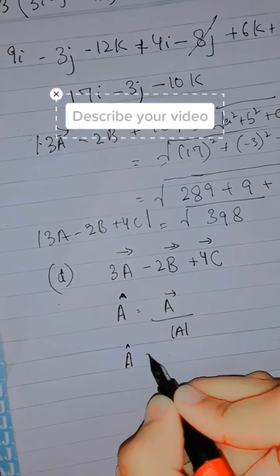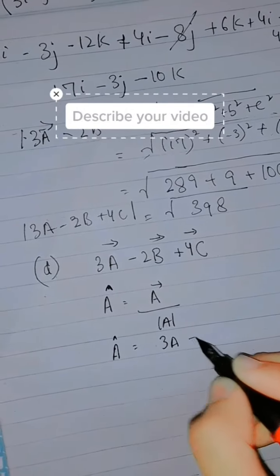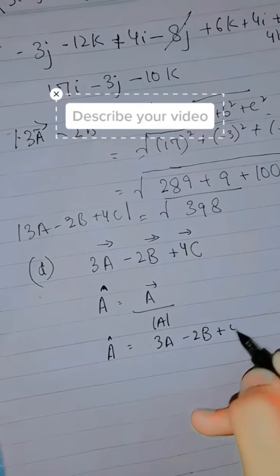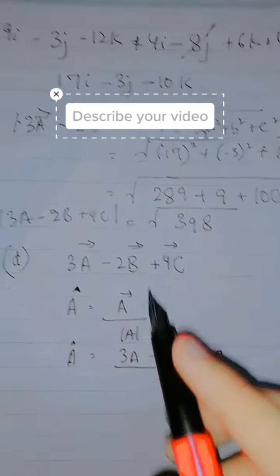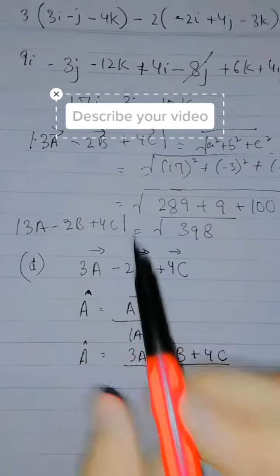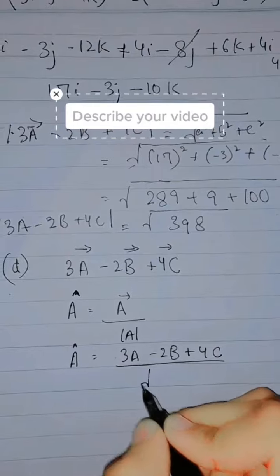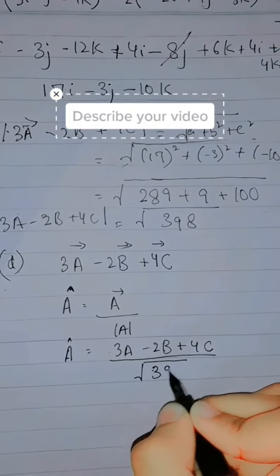That will be the vector, this whole 3a minus 2b plus 4c, divided by the magnitude, which we have found, root 398. If you want, you can find it again, but we have already found it.